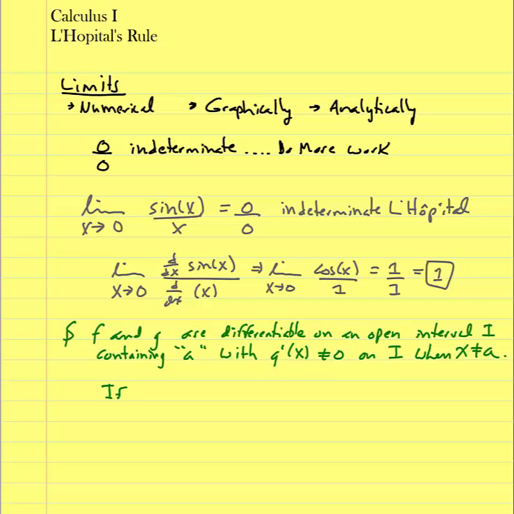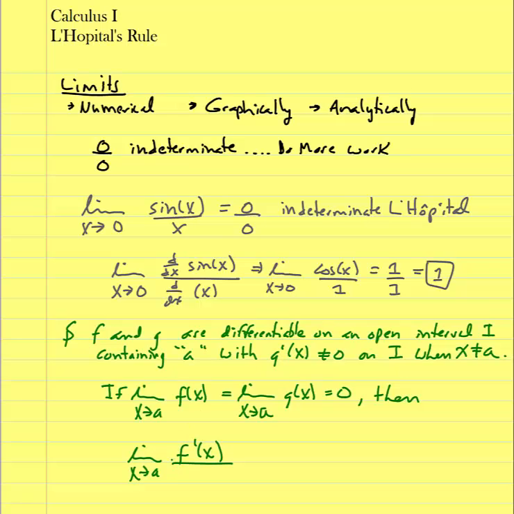So if the limit as x approaches a of f of x is equal to the limit as x approaches a of g of x, and they're both equal to 0, then what I can say is the limit as x approaches a of f of x over g of x equals the limit as x approaches a of f prime of x over g prime of x.